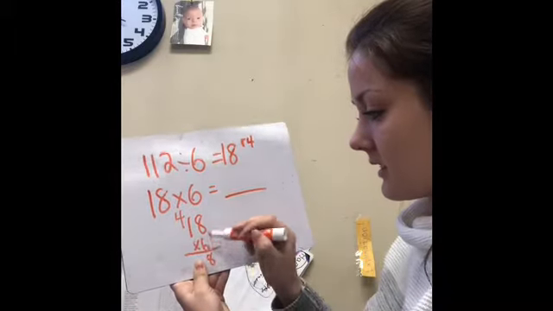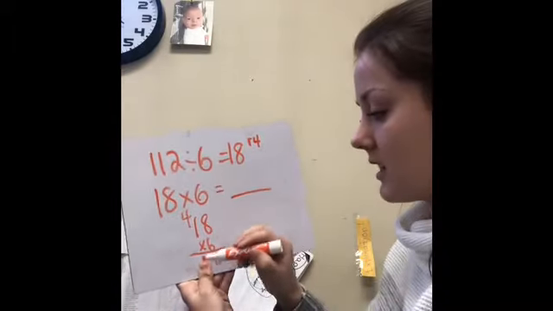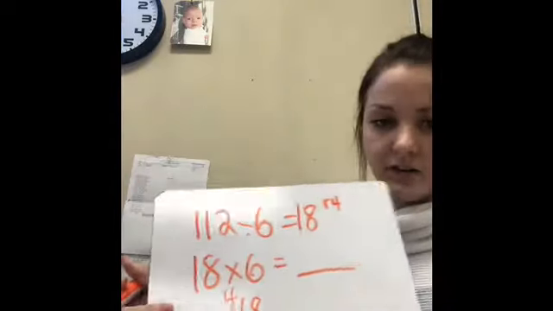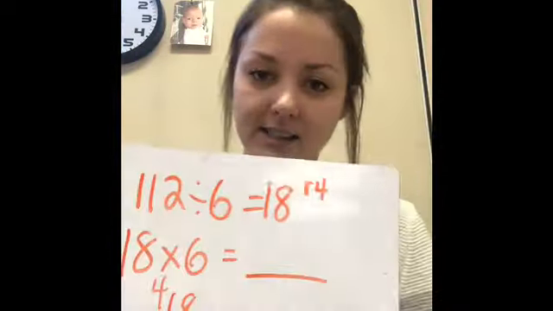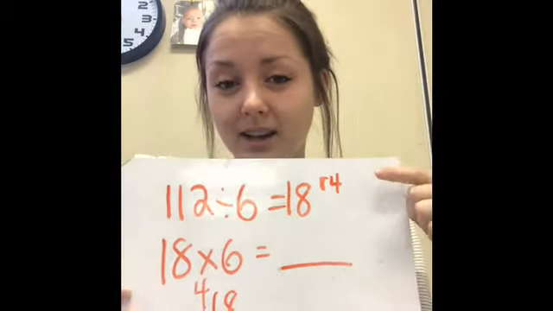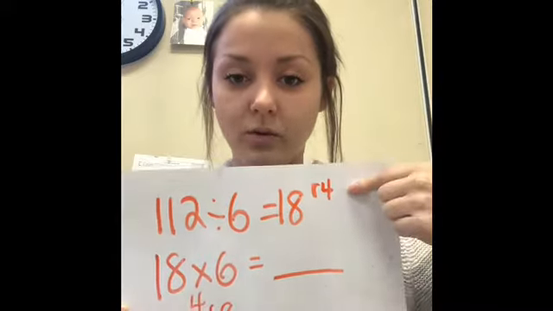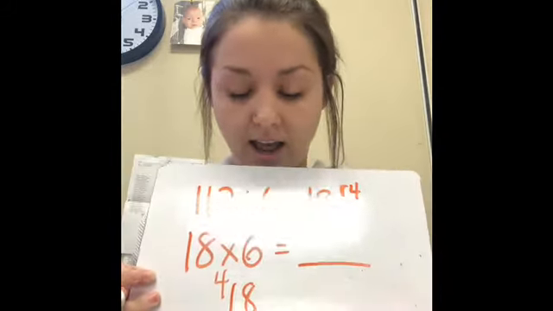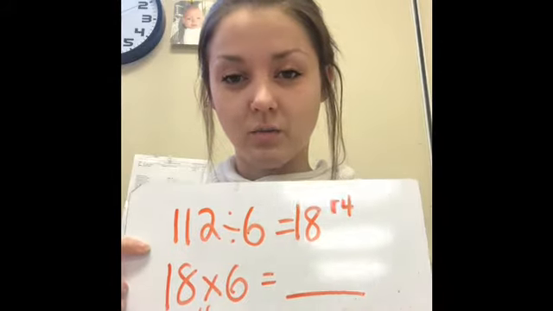Carry my 10. 6 times 1 is 6. Plus 4 more is 10. My answer is 108. But that's not 112. But that's still correct because if you remember, there was a remainder of 4. So if you add 108, add 4, you would end up with 112.